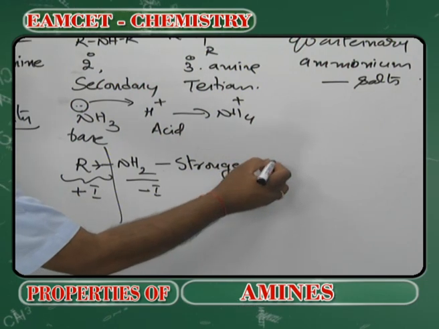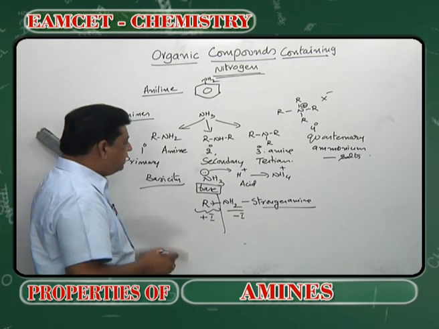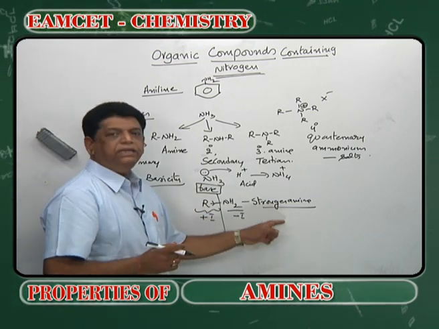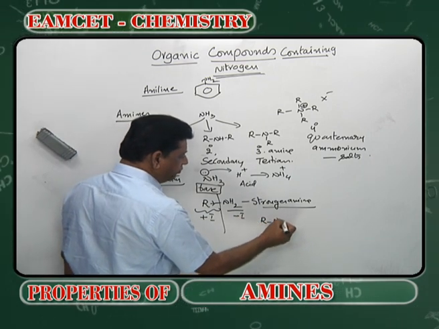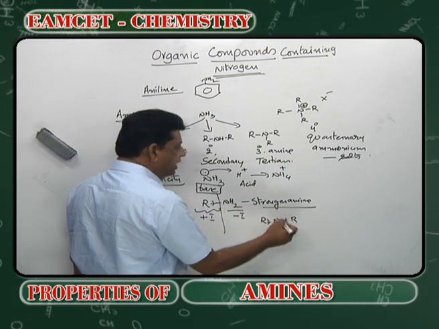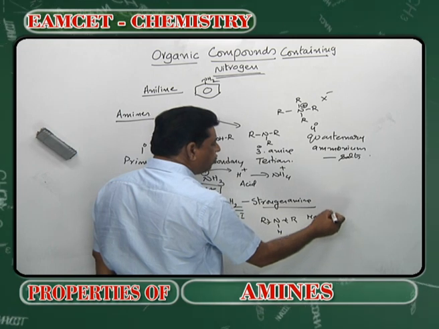All organic amines are weak bases, but when compared with ammonia, methylamine is a stronger base. Similarly, if 2 R's are there, then naturally 2 plus I effects make it relatively a more stronger base.